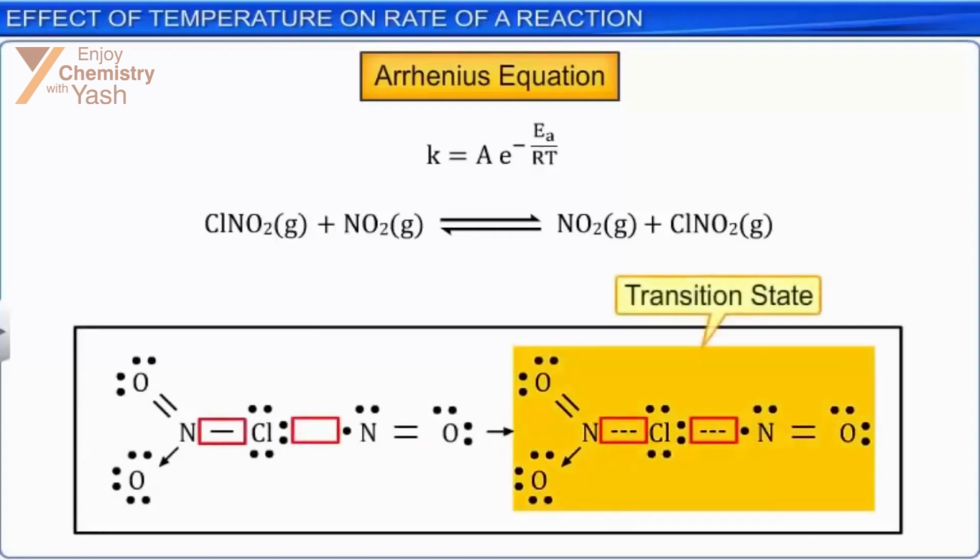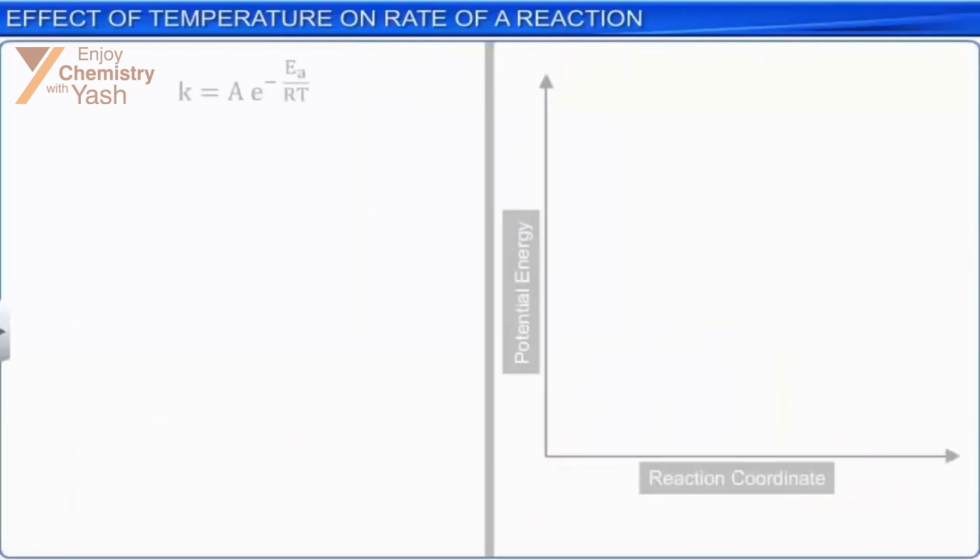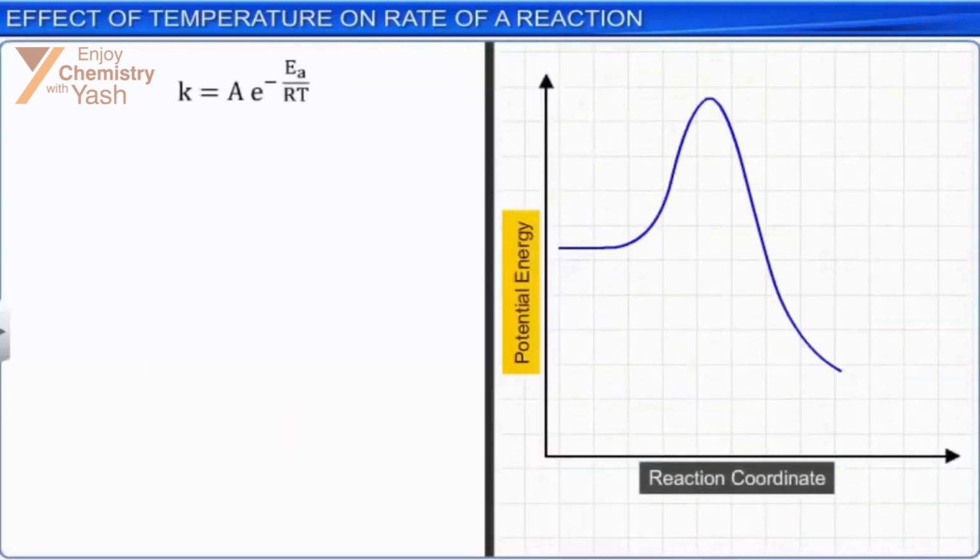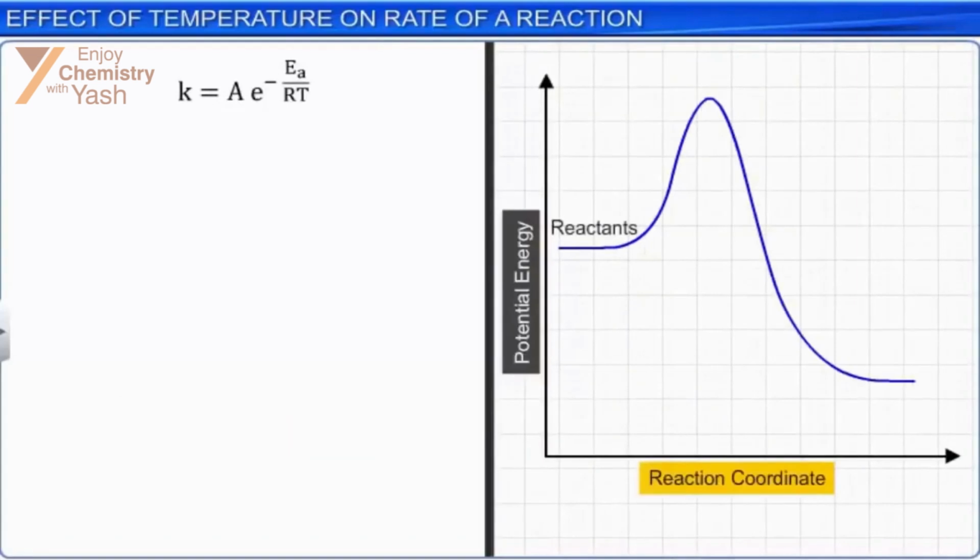If we plot the potential energy of the molecules versus the reaction coordinate, we get the curve shown here. The peak of the curve is the transition or the intermediate state, which is also known as activated complex.